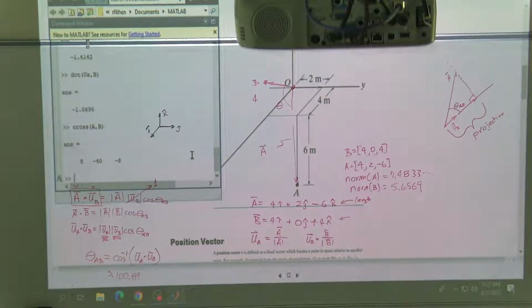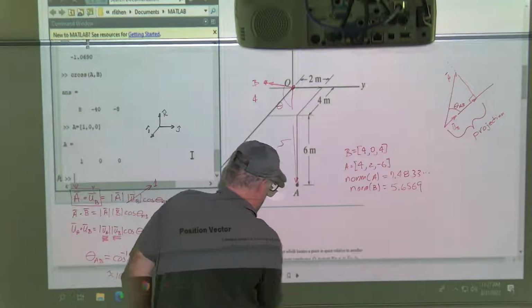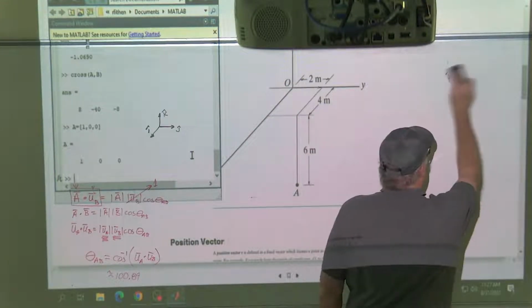So I'm going to create a vector, call it A. I'm ruining everything I had before, in the sense that I'm going to take A as being I. So there's the vector A, just a length 1 going out along I, and then I take a B. I'm throwing away my previous A and B; now I'm doing a different A and B.